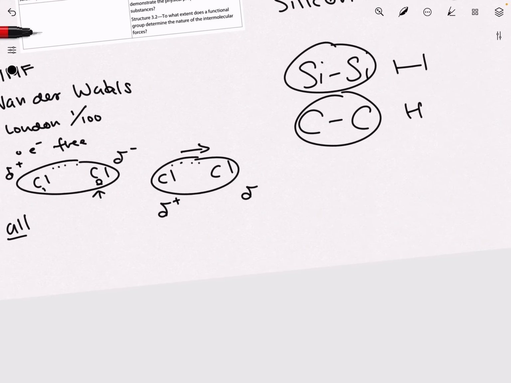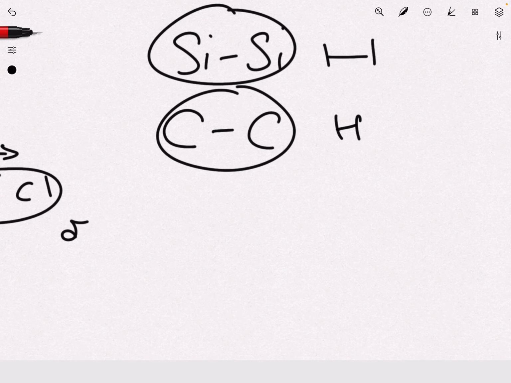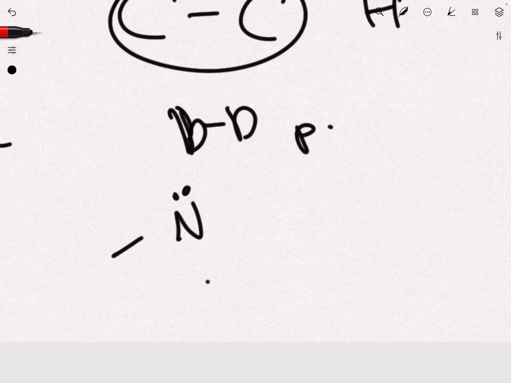Next up, we have our dipole-dipole. Now, our dipole-dipole bonds, or permanent dipoles, only occur in polar molecules, such as ammonia over here.